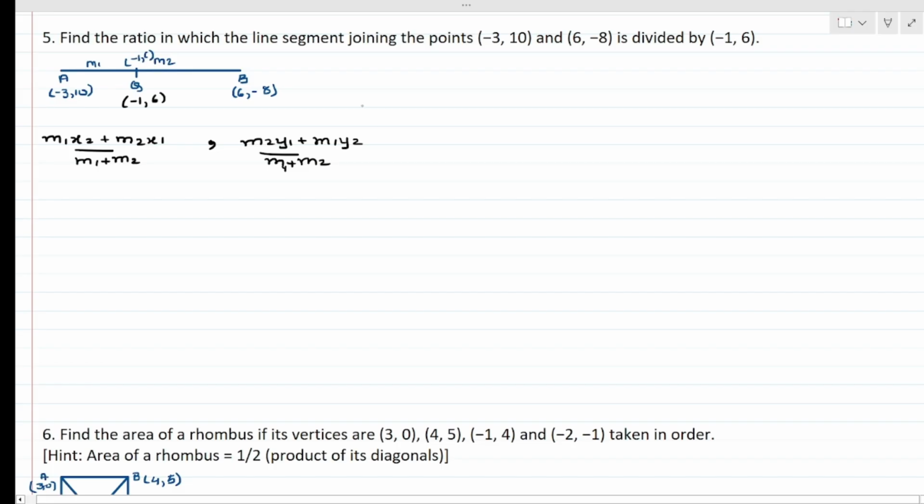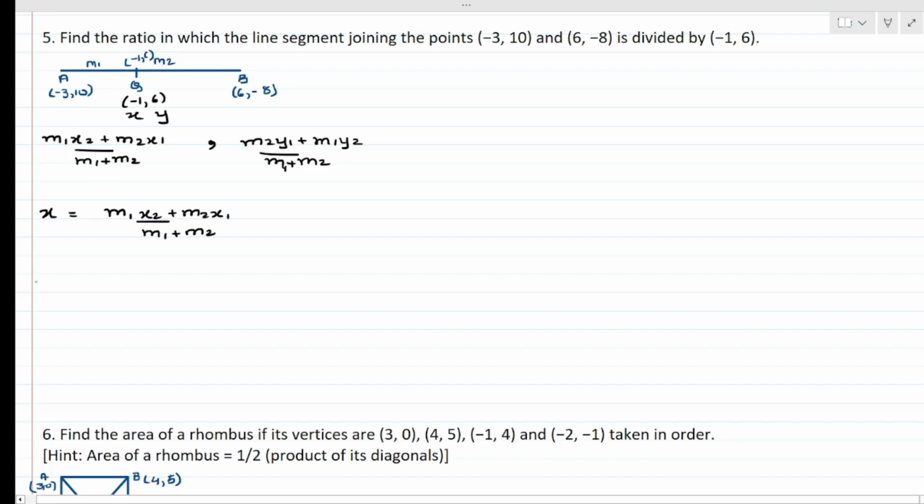Now mention what are the things you have. In this case, we already have our x and our y, so we will simply substitute one of them. If I am going with my x, I am substituting in the formula M1 x2 plus M2 x1 upon M1 plus M2.